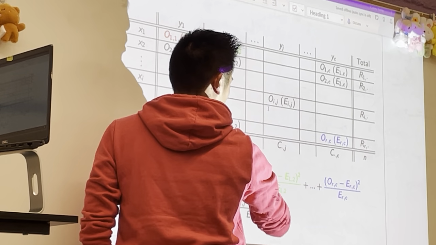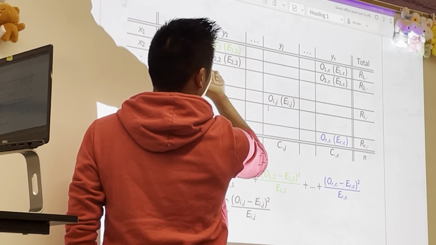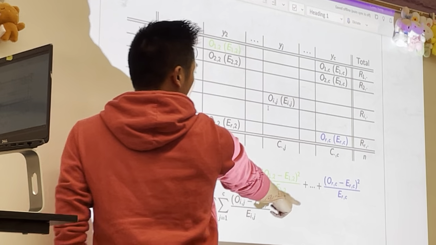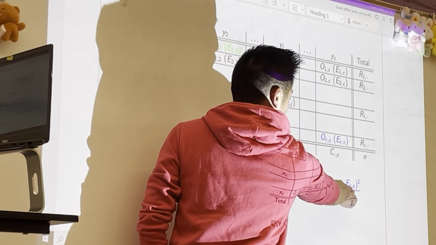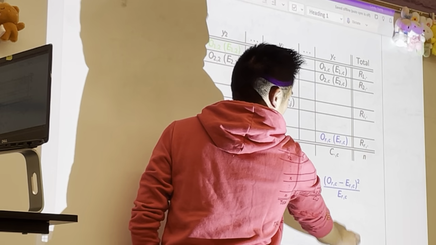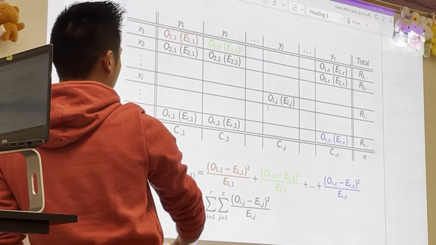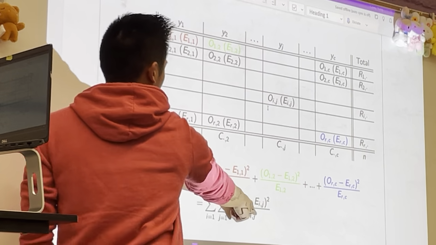Subtract them, square them, divide by the expected value. And then you do that across all of the cells until you get to the last one. Once you sum up all those terms, this just literally becomes this chi-square test statistic that we had before. Okay? And notice that again, the degrees of freedom are r minus 1 times c minus 1.